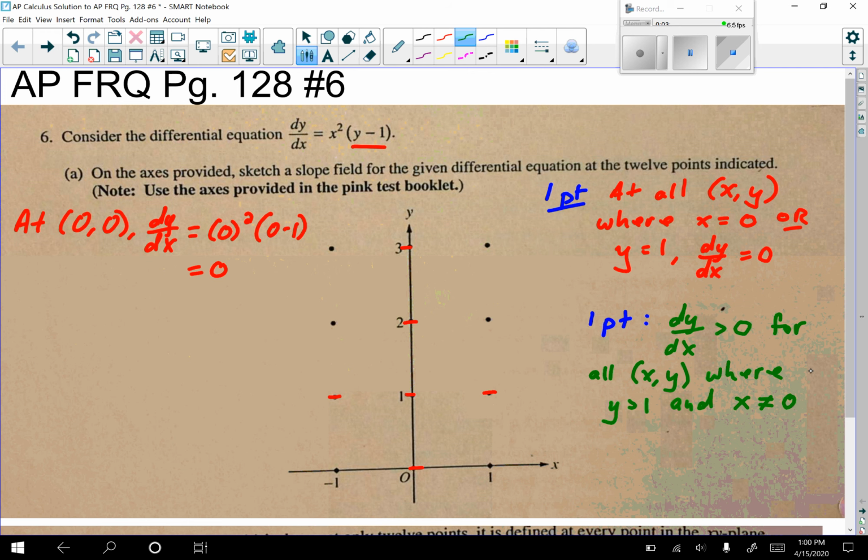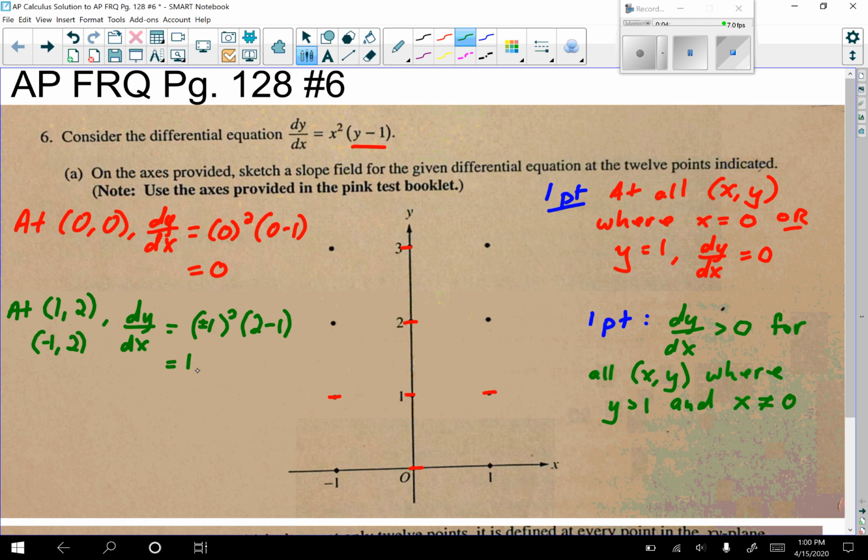So that's going to happen at 1, 2. Just to write this off to the side, at 1, 2, also at negative 1, 2, dy over dx is going to be 1 squared or negative 1 squared. I'll put this in here because both of them will give us a 1. And then we'll get a 2 minus 1. So this will give us a positive 1. So we have a slope of positive 1 here and here.